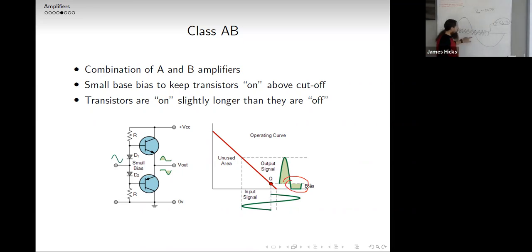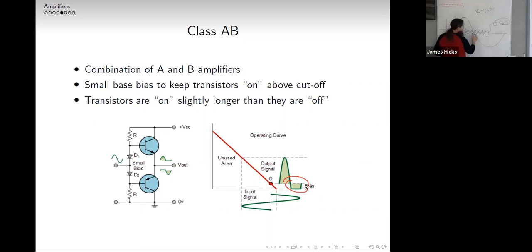Just that little bit of this, so this range here where I've got that distortion. If I could lift up this whole waveform by just 0.7 volts, I could get this entire peak here where the transistor is turned on.